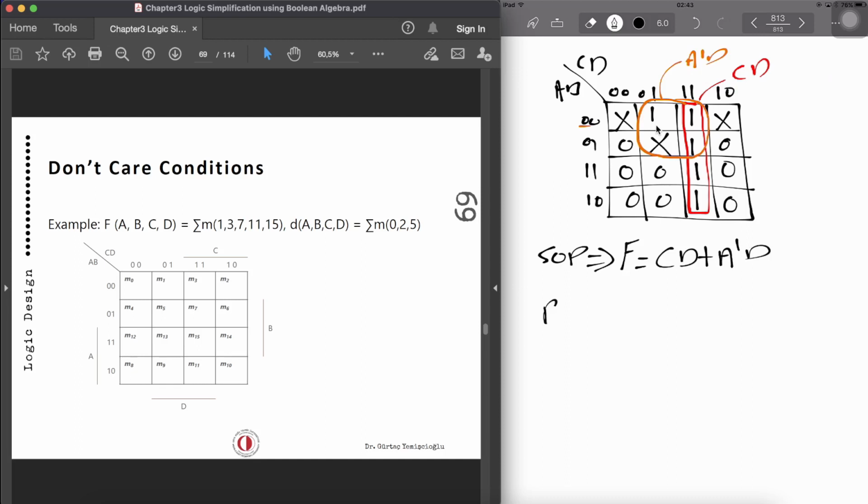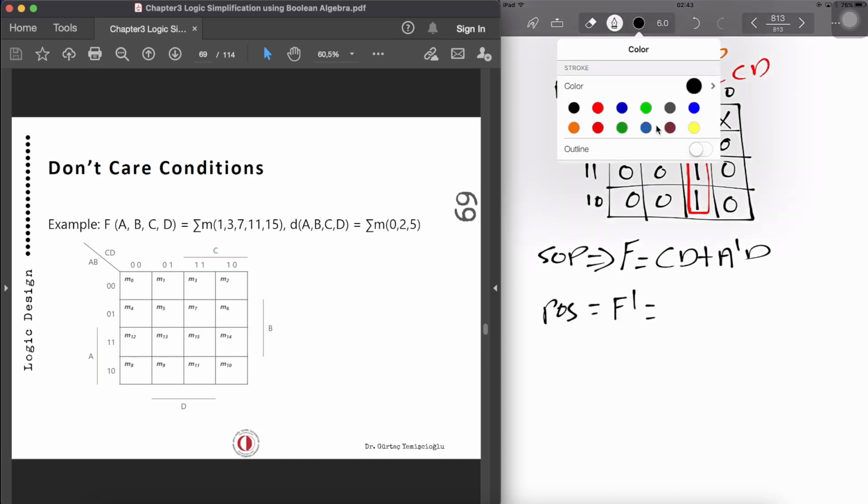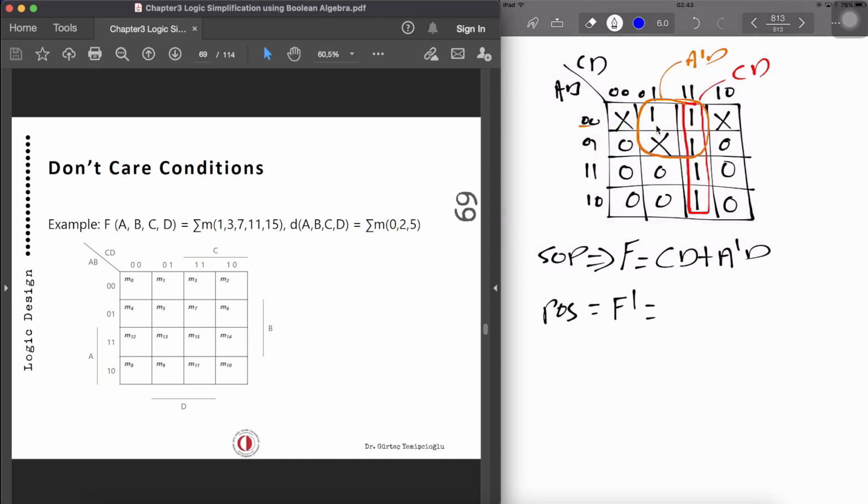Then POS, which is F prime, where we need to look at zeros. I can have these sides, which will be, AB is changing, it's just D prime. And I also have these 4 over here, where A is 1 and it is C prime.